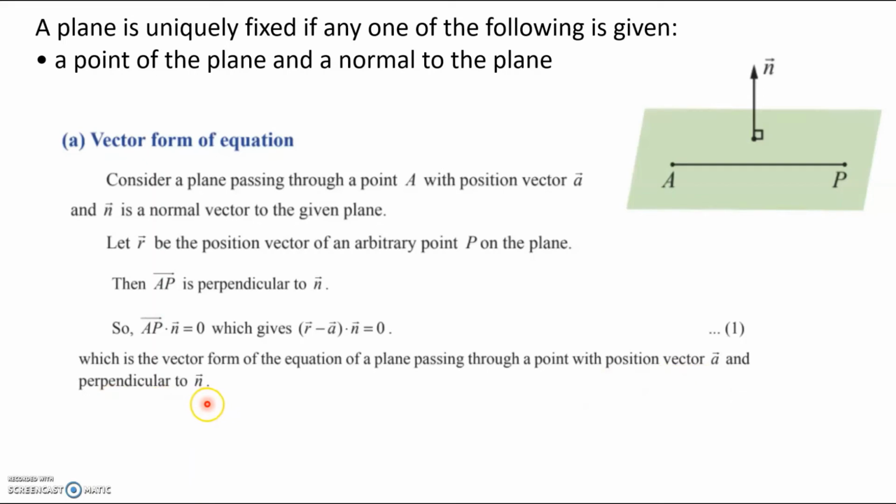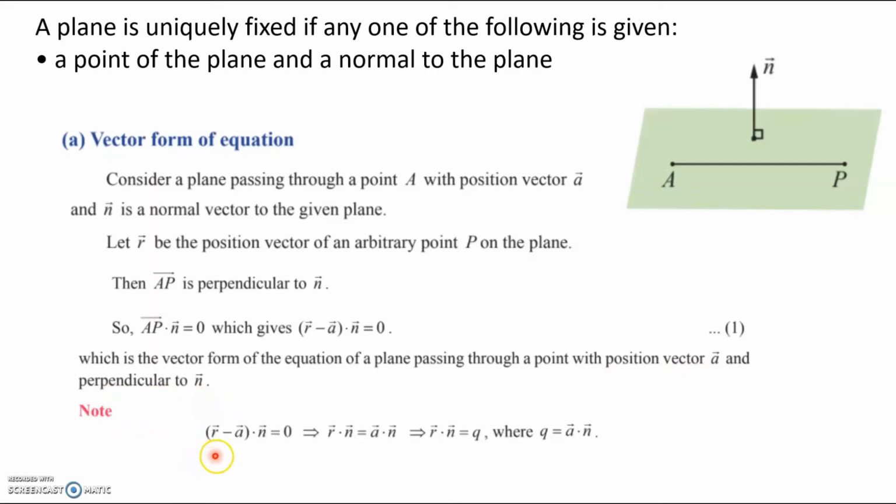Further, we can add a note that we can rewrite this by expanding it. R dot product with N is equal to A dot product with N. Now A and N are known to us. The position vector of A is known to us and the normal is known to us.